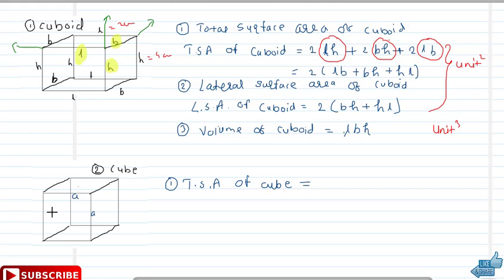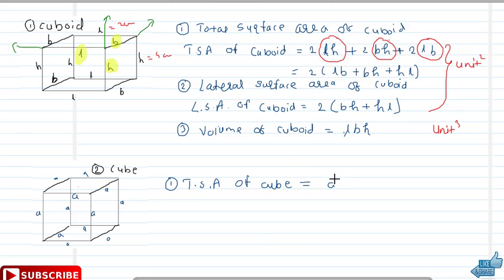So we can say in a very clear manner that for total surface area, we have to just add the areas of all the faces. So the first face, this face, area is A square.